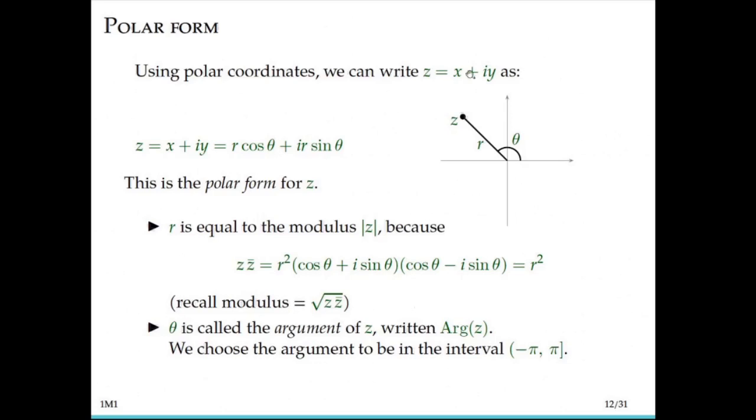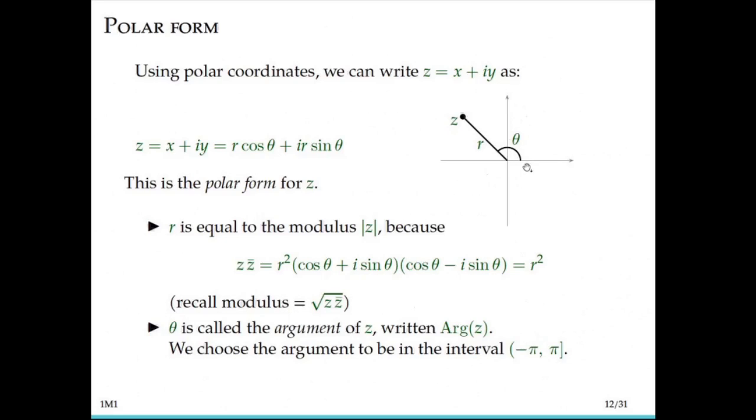And so there is some ambiguity in defining the argument, because when the angle increases by 2 pi, you get back to the same point. And so this does cause some problems when we're thinking about complex numbers. But in order to specify a specific argument for a given complex number, we require that the argument has to be in the interval from negative pi to pi.